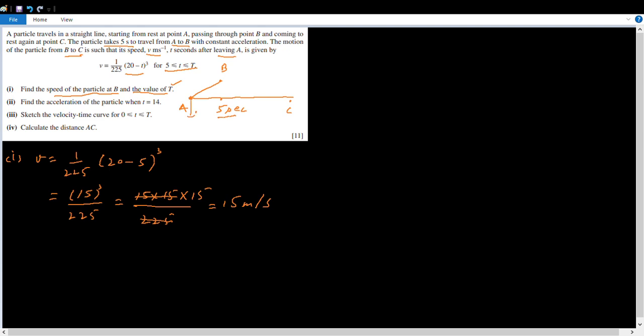At A, v is 0 and t we will take as capital T. So it will be equal to, because the equation is v is equal to 1 over 225, the same equation we were going to use. So for v we will put 0, and 1 over 225 into 20 minus, we will replace t by capital T now.